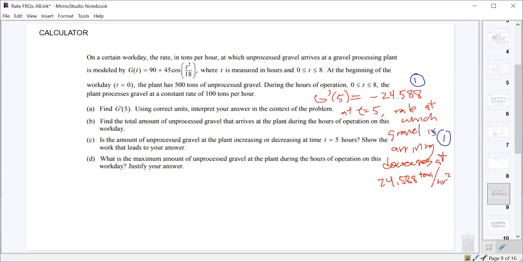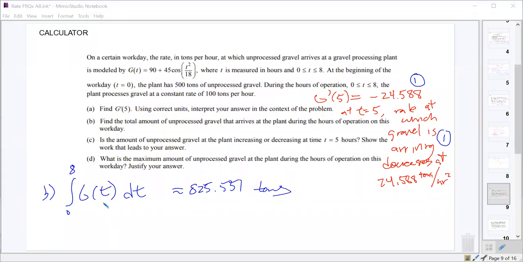All right, part B, find the total amount of unprocessed gravel that arrives during the hours of operation on this workday. So the hours of operation are 0 to 8. So part B should just be an integral from 0 to 8 of the gravel that arrives, or the rate at which it's arriving, G of t, which ends up being 825.551 tons.